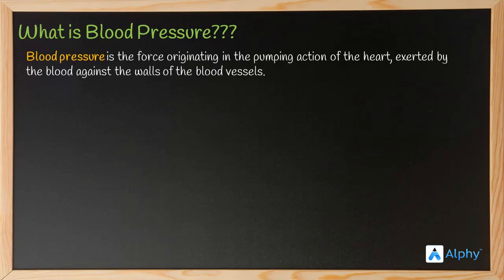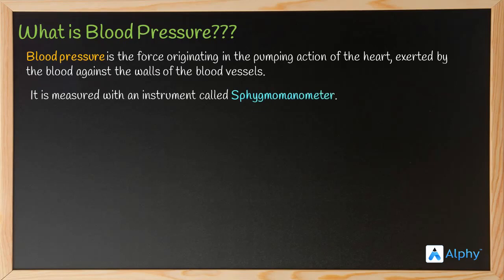Okay. Blood pressure is measured with an instrument called a sphygmomanometer. So when we talk about this instrument, it consists of an inflatable rubber cuff.